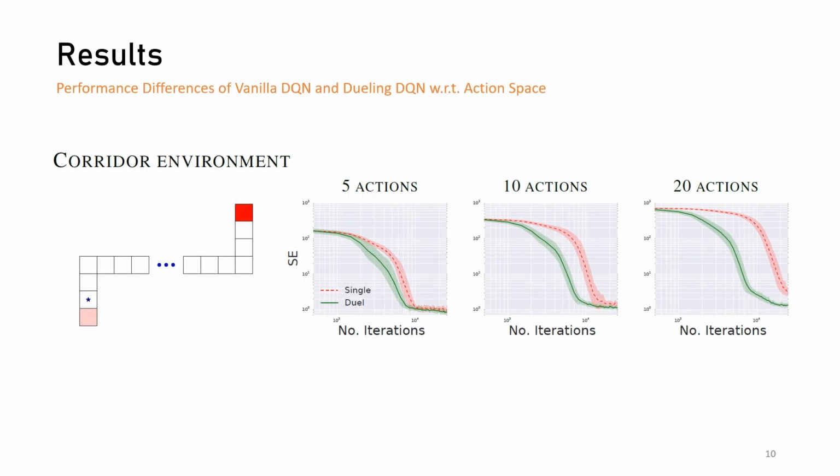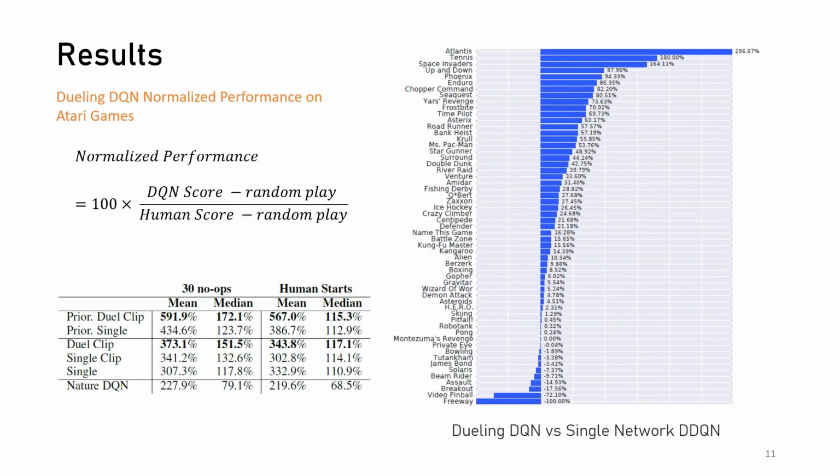Here is the performance of the dueling DQN compared to the conventional DQN in a simple corridor environment. As you can see, with the increase in the number of actions, dueling networks start to converge much faster than the conventional DQN networks. Now let's take a look at the normalized performance of the dueling DQN compared to the double DQN.